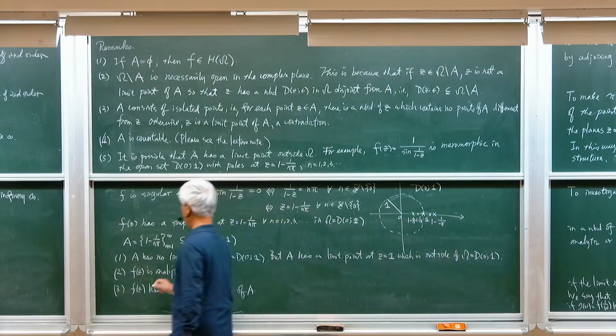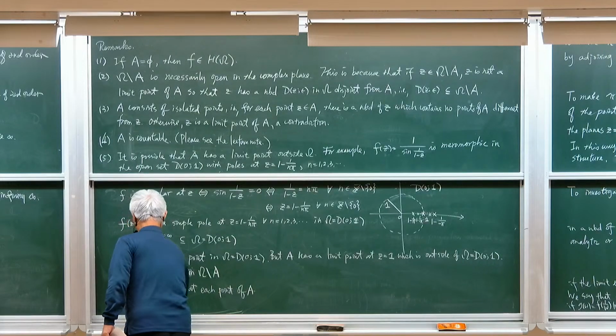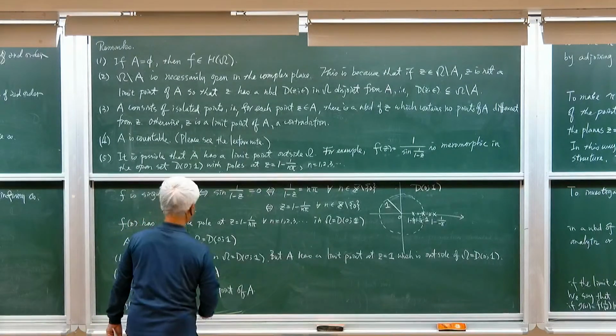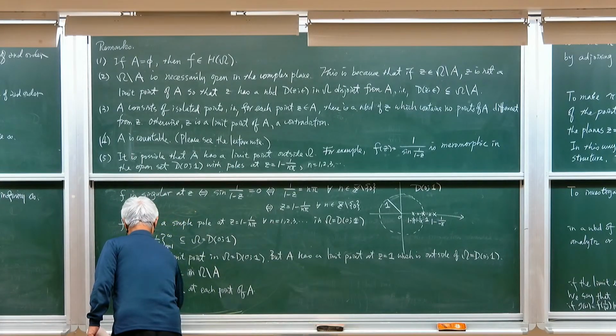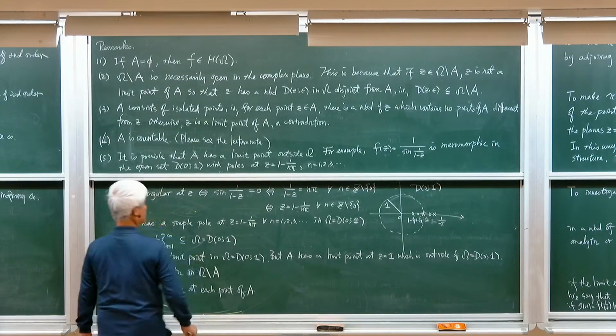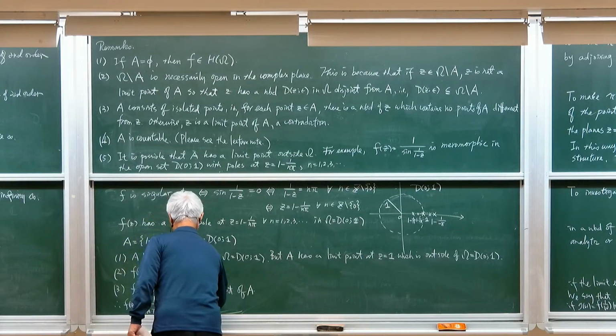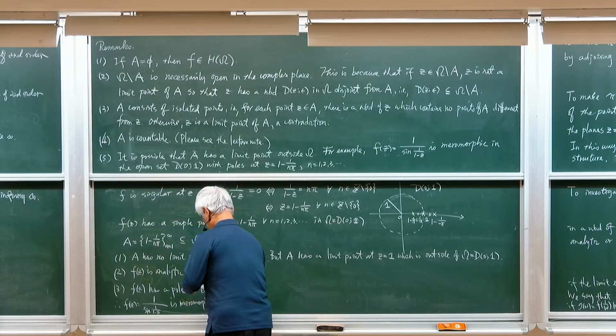So from that, f equal to 1 over sine of 1 over 1 minus z. So this function is meromorphic in the omega.